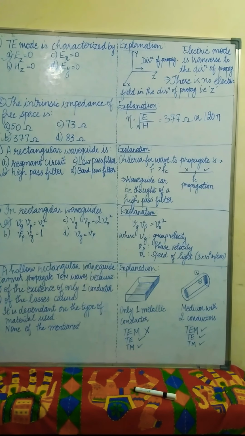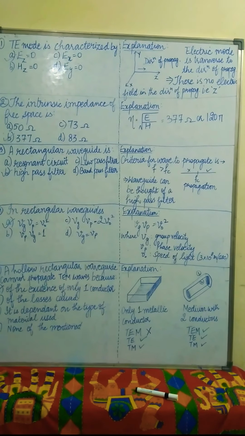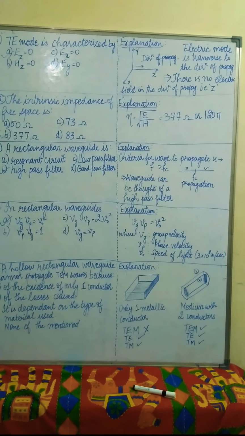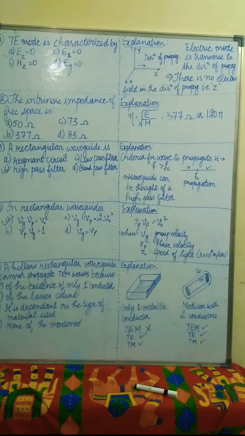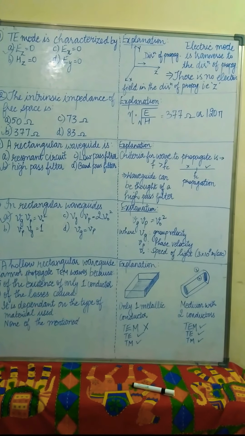I have made a coordinate system where Z is the direction of propagation. By definition, when the electric field is transverse to the direction of propagation, it is called the transverse electric mode.